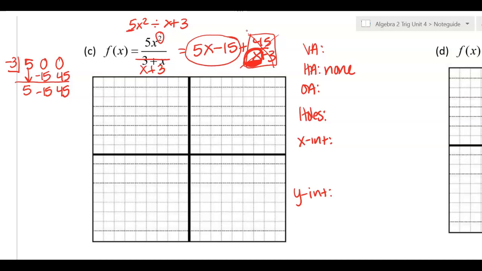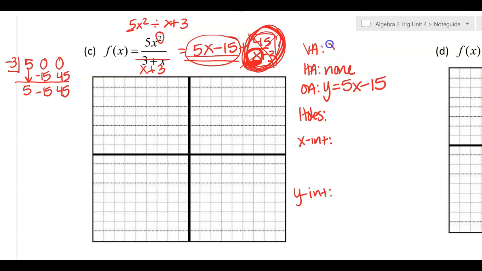Which means at the ends of the function, you are almost exactly like this line, except for this very, very, very small number. So we are going to call it an asymptote, meaning we get very close to it without touching it. That accounts for this little extra number being added. But we have something that will guide us towards infinity or negative infinity. So 5x minus 15 will be our oblique asymptote equation.